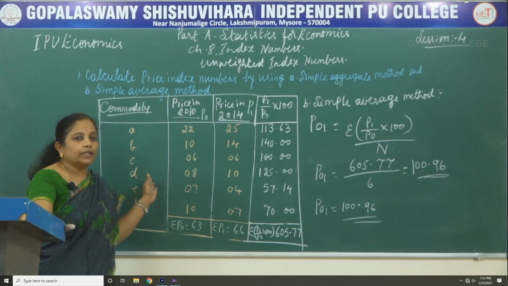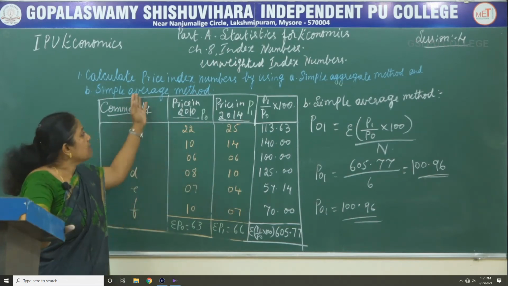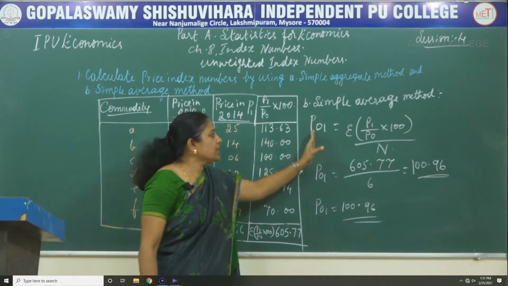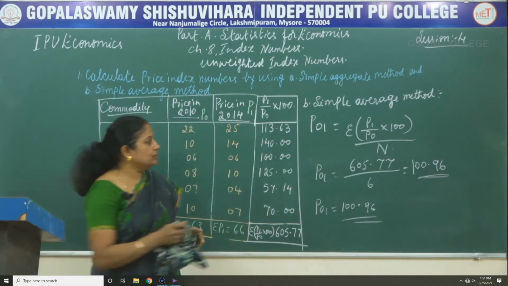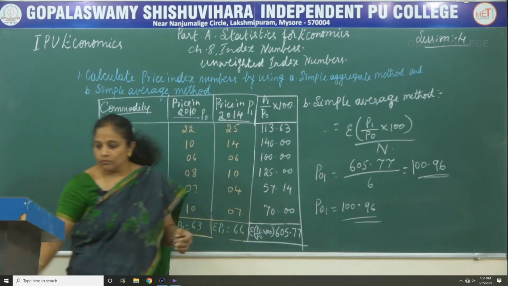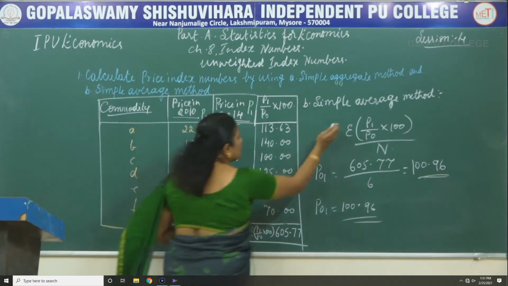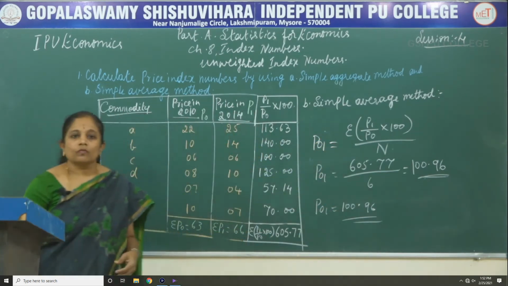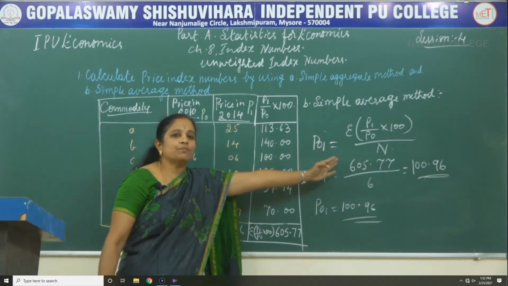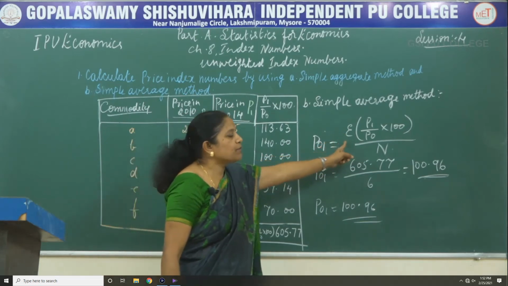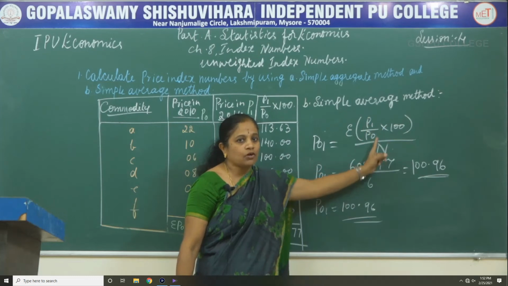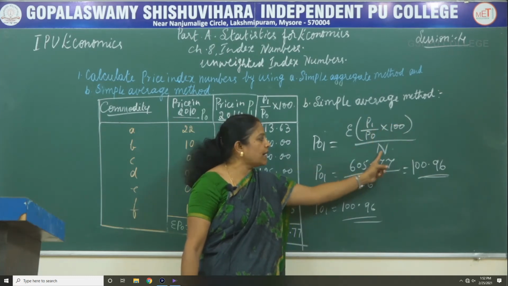For calculating the unweighted index number under the simple average of price relative method, the formula is P01 equals sigma P1 divided by P0 into 100 divided by N.